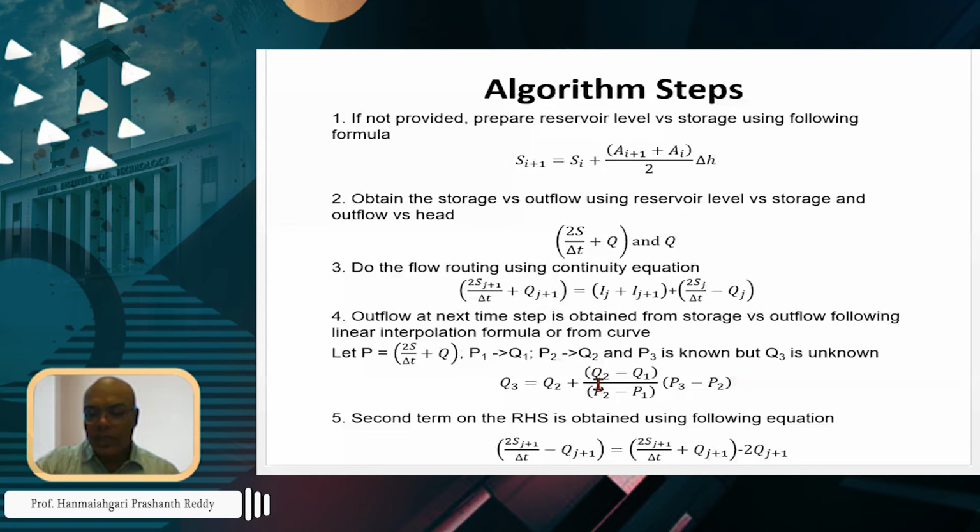So that equation is written as Q3 is equal to Q2 plus (Q2 minus Q1) by (P2 minus P1).